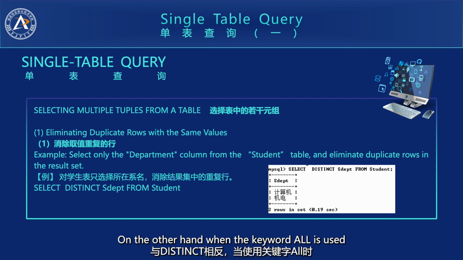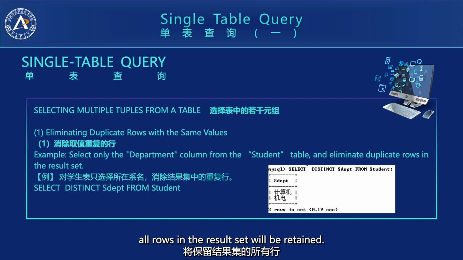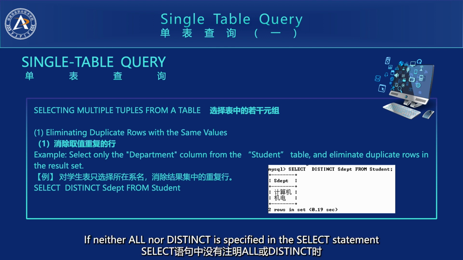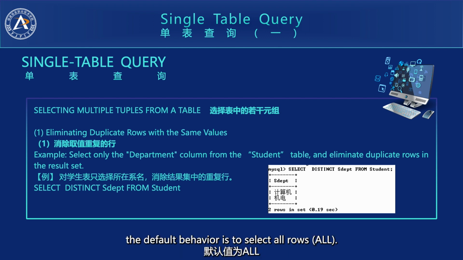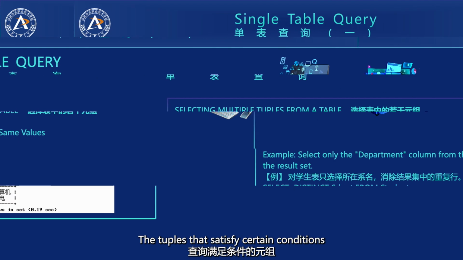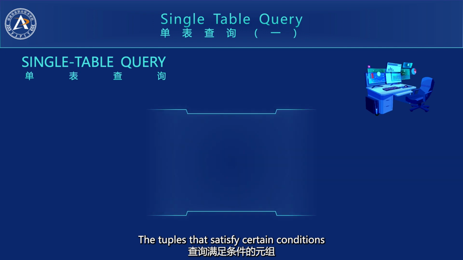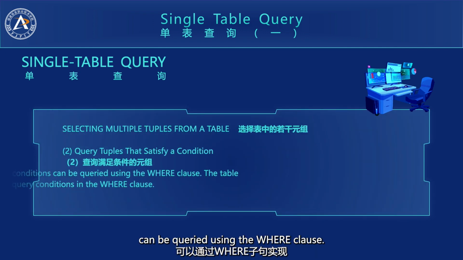On the other hand, when the keyword ALL is used, all rows in the result set will be retained. If neither ALL nor distinct is specified in the select statement, the default behavior is to select all rows. The tuples that satisfy certain conditions can be queried using the where clause.